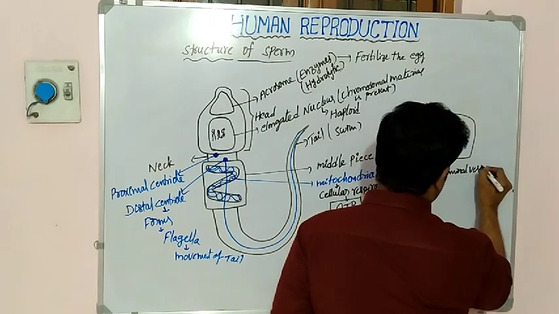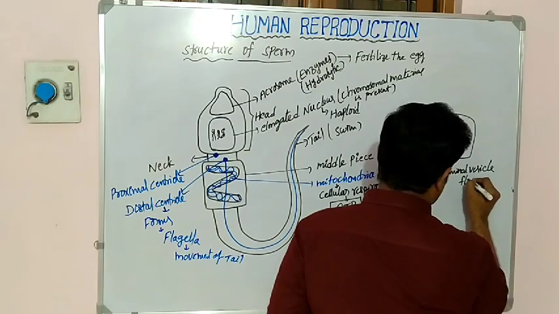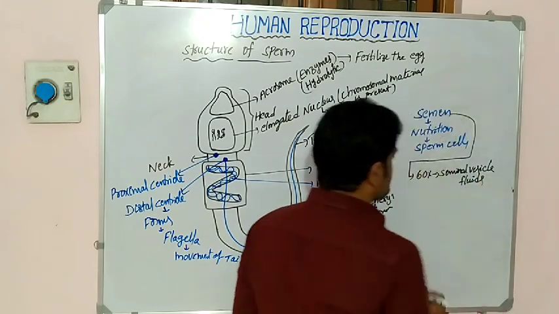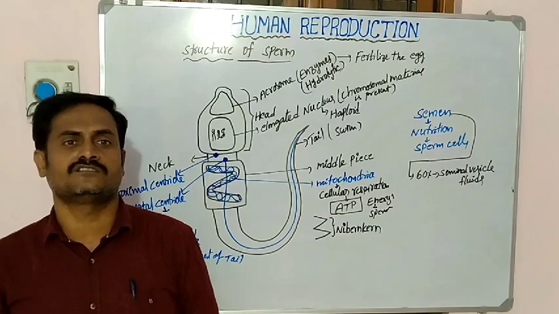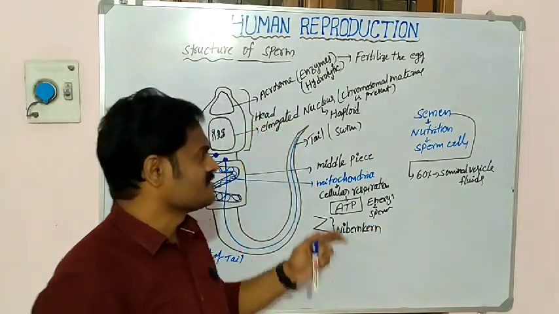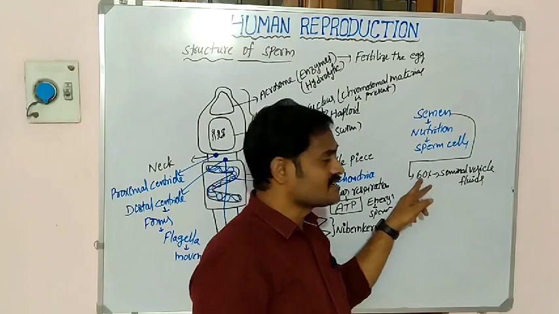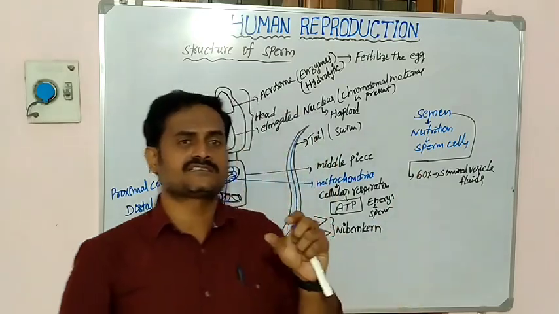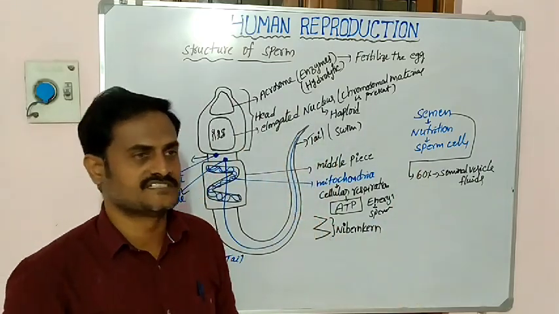Remember. How much percentage of semen consists of seminal vesicle fluid? 60%.